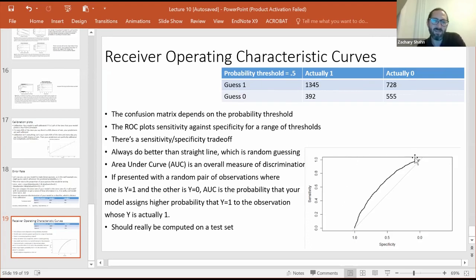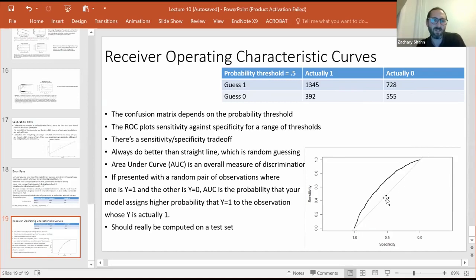And a way to assess how well the model discriminates is to look at the area under the curve. Because again, you want this as high as it can be at any given point, right? So for any given specificity, you want sensitivity as high as it can be. So a way to assess how well you're doing at that is to just look at the overall area under this curve. This curve will always do better than a straight line, which corresponds to just random guessing.